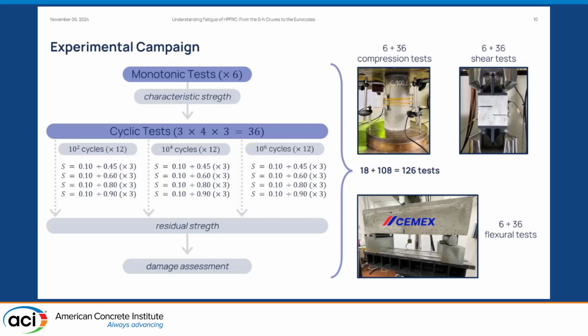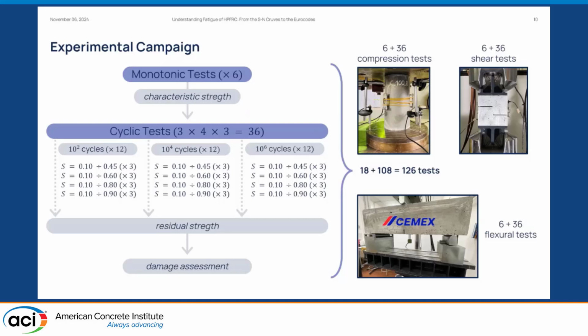We did Z-type push-off tests. Okay, for each type of action, we did monotonic characterization to obtain static characteristic strengths, which we used for defining load levels for cycling.